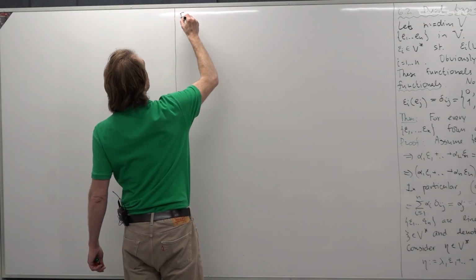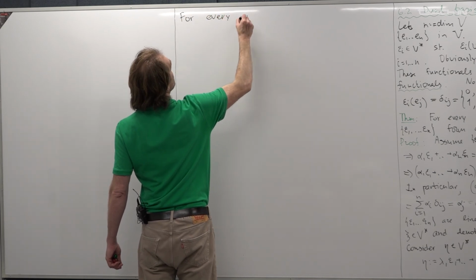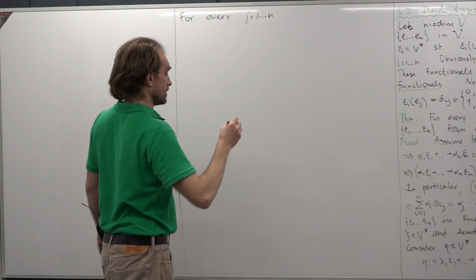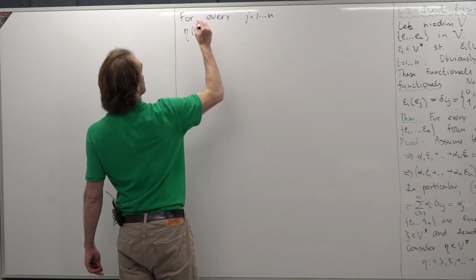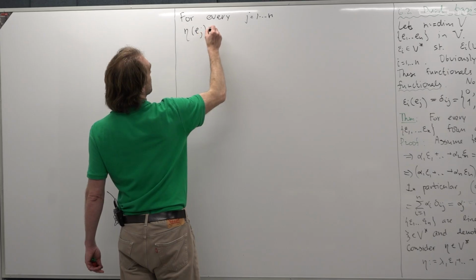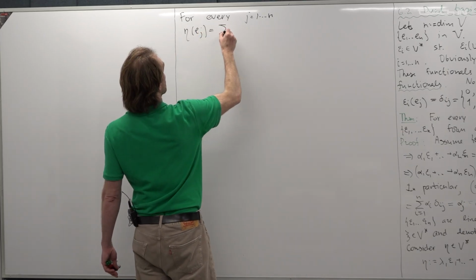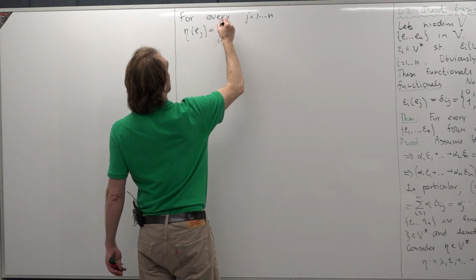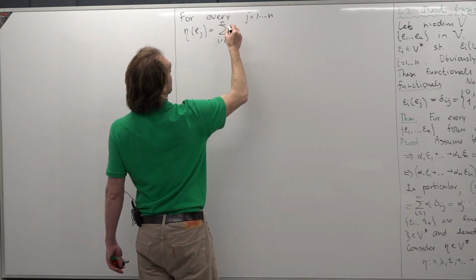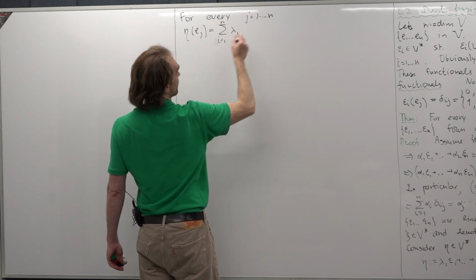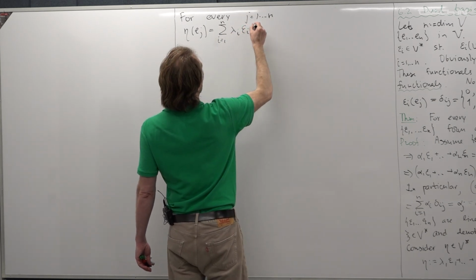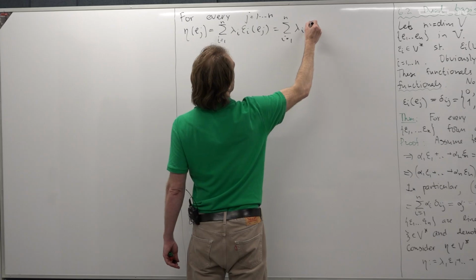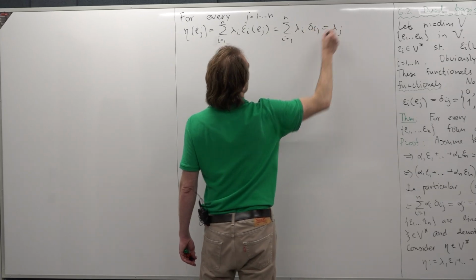For every j from 1 to n, eta of E sub j is the sum where i ranges from 1 to n of lambda sub i by epsilon sub i of E sub j, which is the sum where i ranges from 1 to n of lambda sub i delta sub ij, which is exactly lambda sub j.